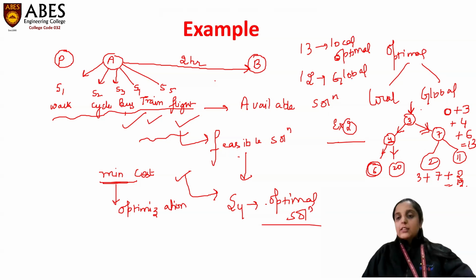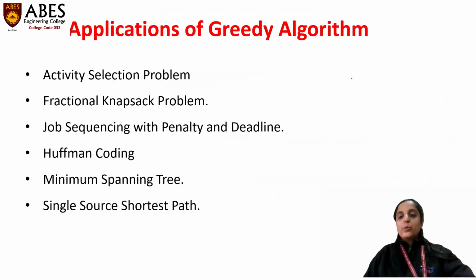Now, these are the main applications that we will take one by one in the coming lecture series. There are basically 6 major applications from which you will get important questions in your university exam. The first application is the activity selection problem.